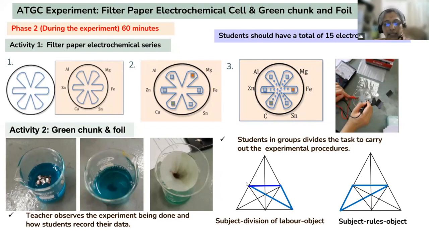Similarly, the subject must work according to the task assigned to them in achieving the objective. So collectively, in phase one, there is some kind of objective. In phase two, during the experiment, there are several objectives.